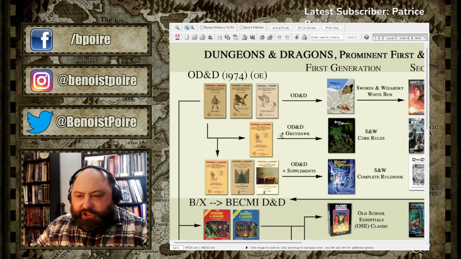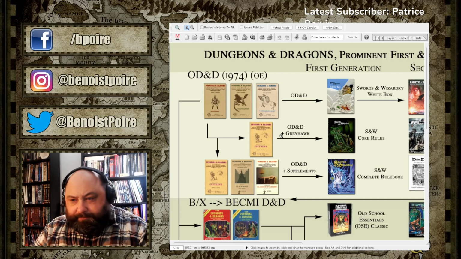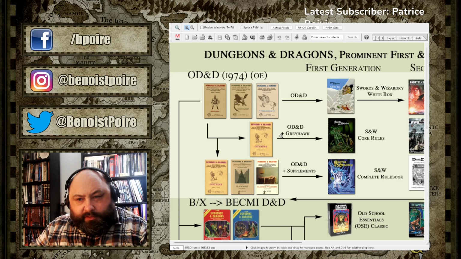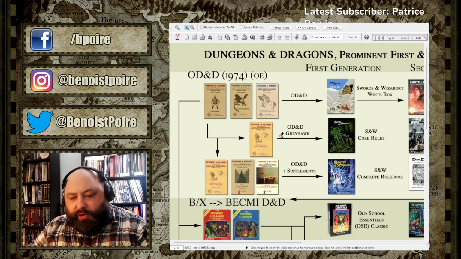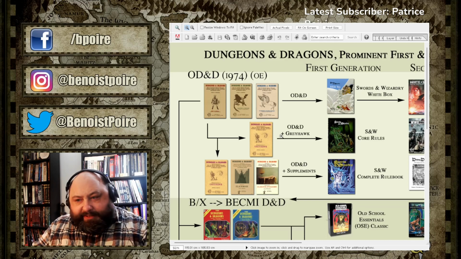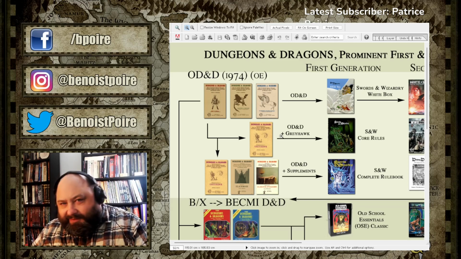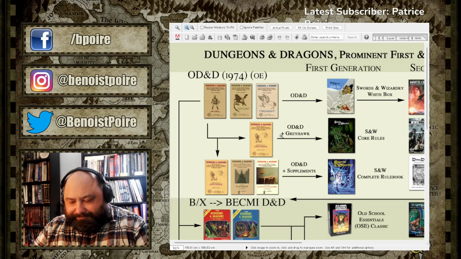That's the state of the original Dungeons and Dragons game around 1978, when it was just about to transition into full Advanced Dungeons and Dragons, when it had all the supplements out. That Sword and Wizardry version represents a sort of emulation of selected rules into a coherent whole that is not quite advanced, but has all the elements there. That is the assassins, the paladins, the rangers, and so on.